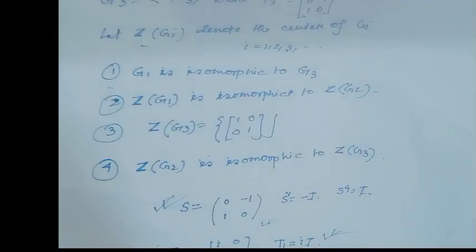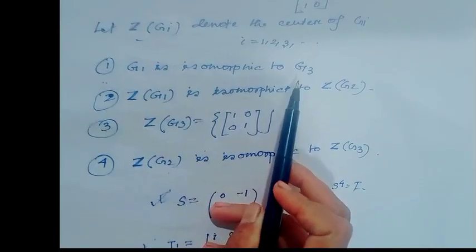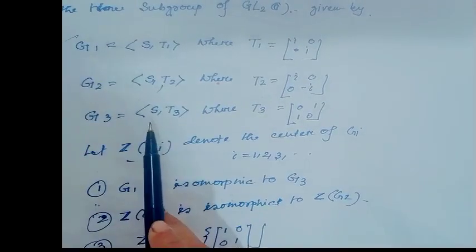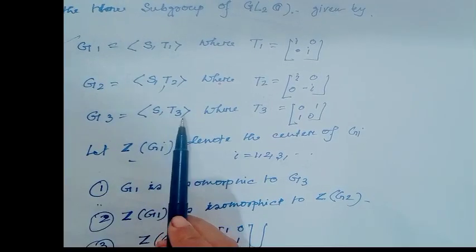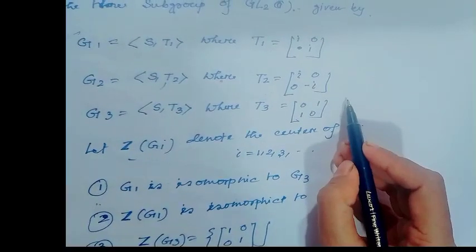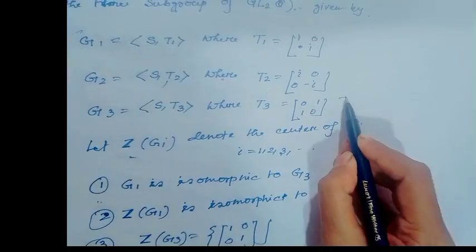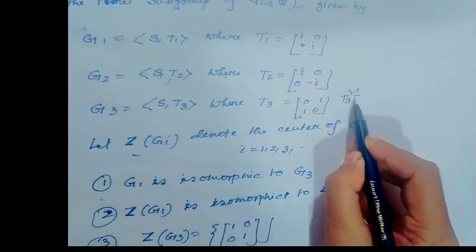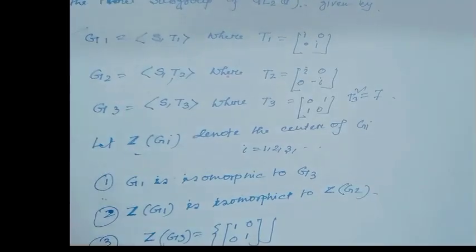The question has indicated G1 is isomorphic to G3. This is very interesting. G3 is generated by the set S, T3. And notice here T3 is just an involutory matrix. That means T3 squared would be identity.